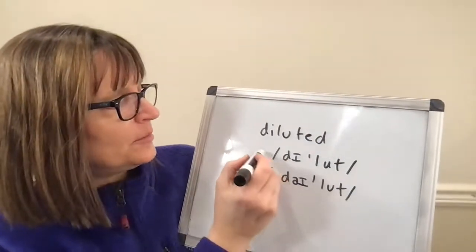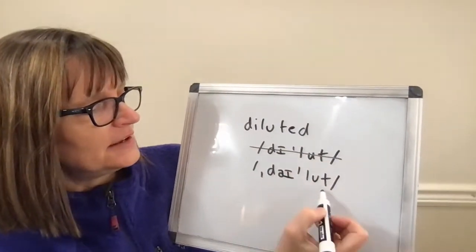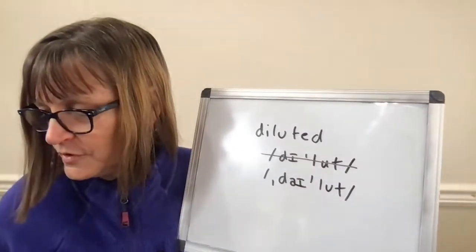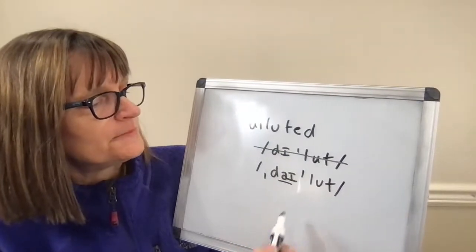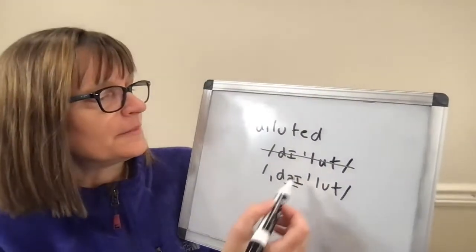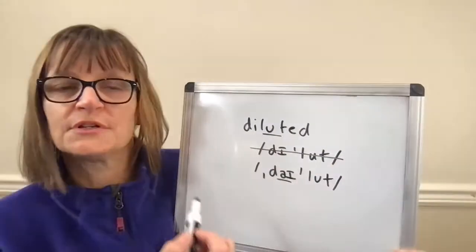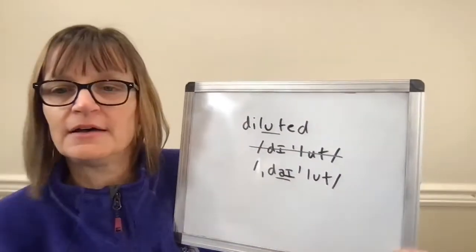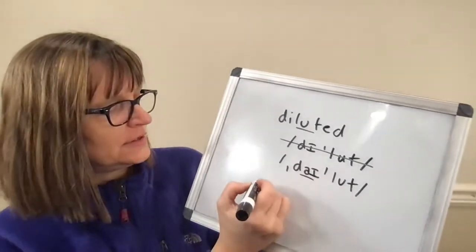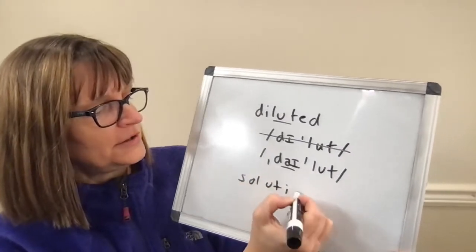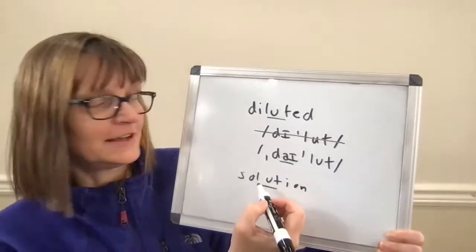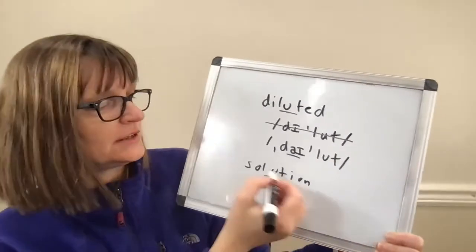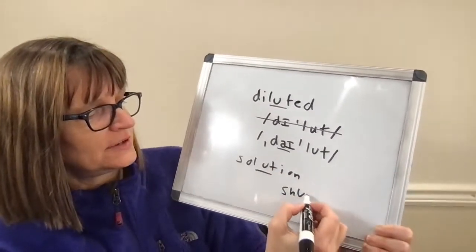I can research this a little bit more and get back to you, but what I'm seeing is that they're saying dilute as having that I sound rather than the other vowel sound, even though it's stressed on lute, dilute, diluted. And then solution, that one also is stressed on the lu, but instead of the T saying a T like in dilute, it's going to have the SH sound.